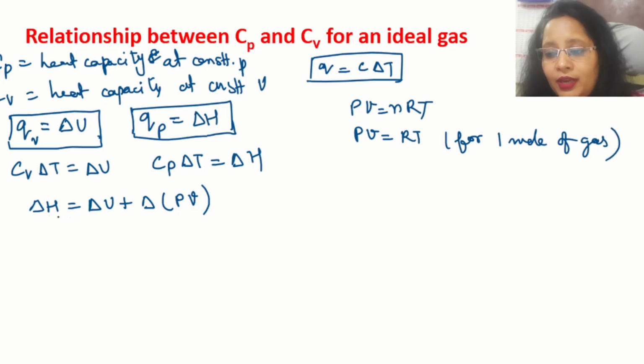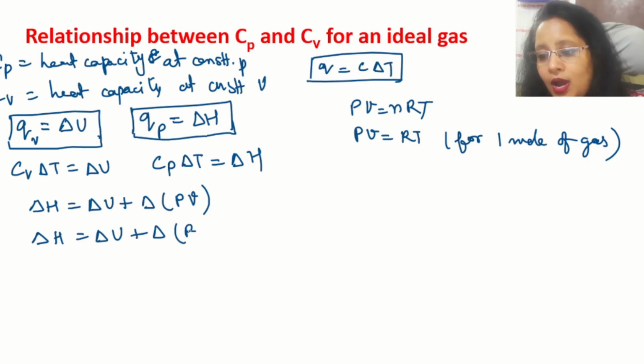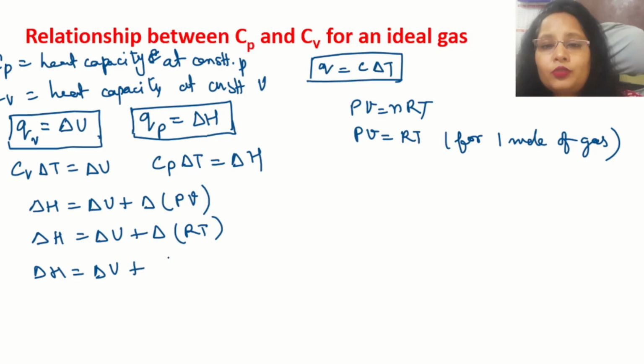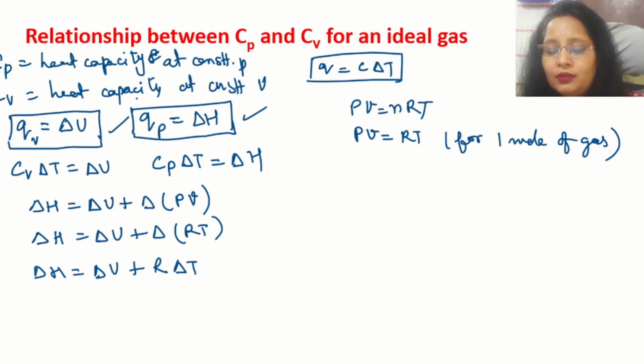Okay, so in place of PV, we can replace it with RT. Delta H is equal to delta U plus delta RT. Now R is a constant, so the delta won't apply to that because delta means the change. R is constant, so we can write delta T only.